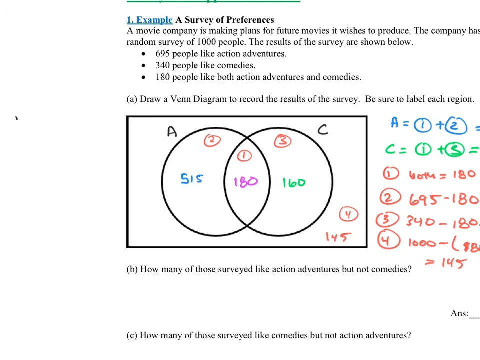For instance, if I said, what does region 1 mean? That would be people who like action and comedy. If I said region 2, that would be people that like action but not comedy.